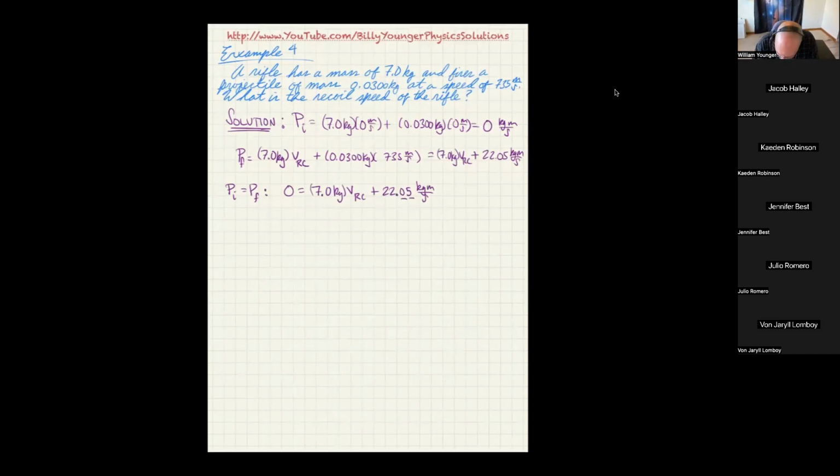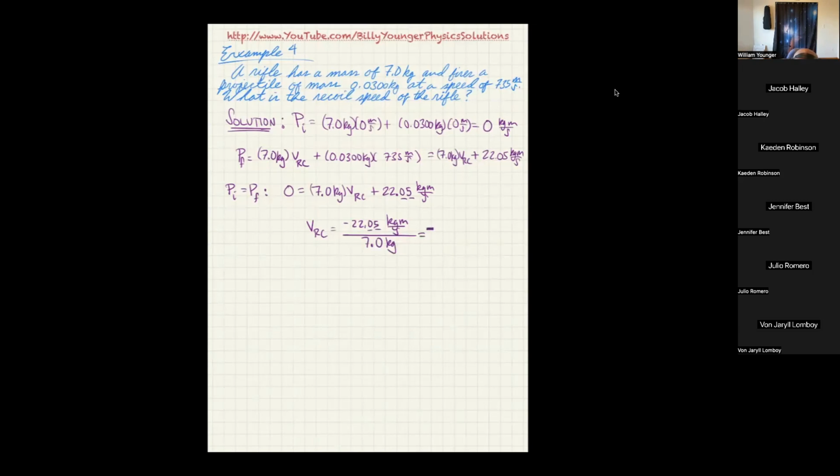Now, what this means is I've got to solve for V_RC, and what we get is V recoil is going to equal negative 22.05 kilogram meters per second divided by 7.0 kilograms. And of course, the negative is meaningful.